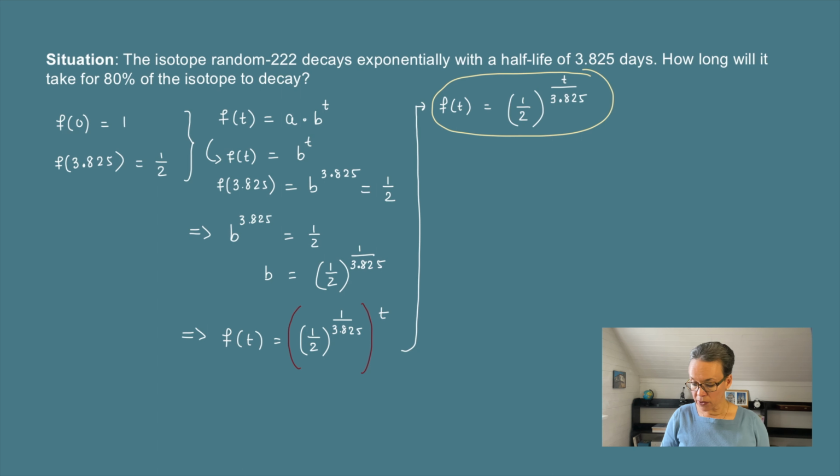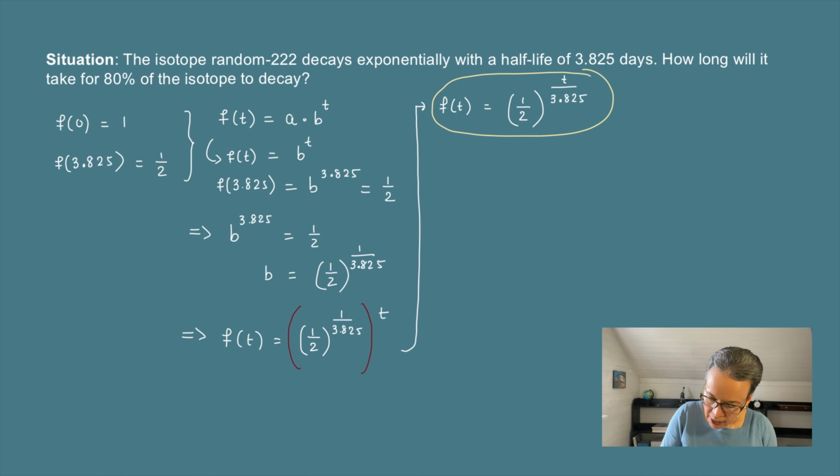Now I can answer the question. How long will it take for 80% of the isotope to decay? If 80% decays, then 20% remains. This is like in the previous examples we were doing: 1 minus 0.8 is 0.2.